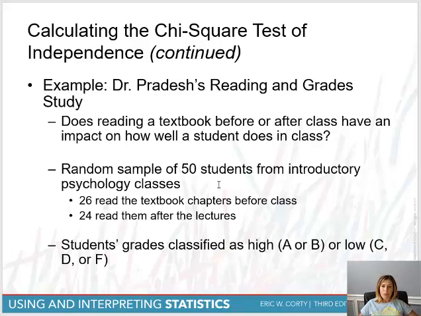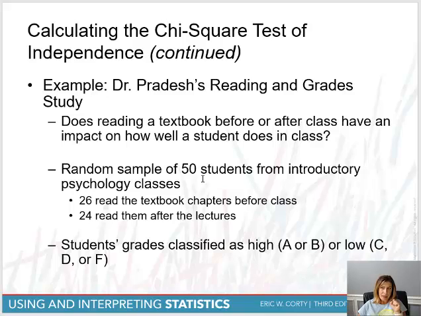So 50 students were randomly selected. They were categorized into whether they read before or after class. And it was found that 26 read before, 24 read after, and then when they were done with the course, their grades determined where they kind of fell.